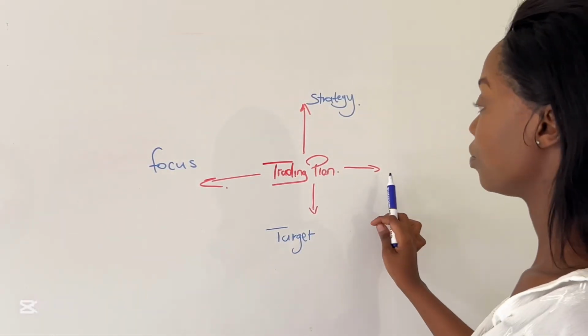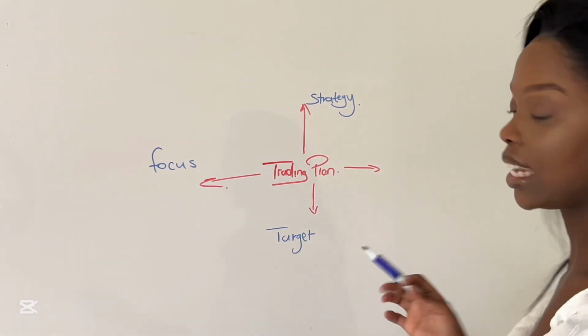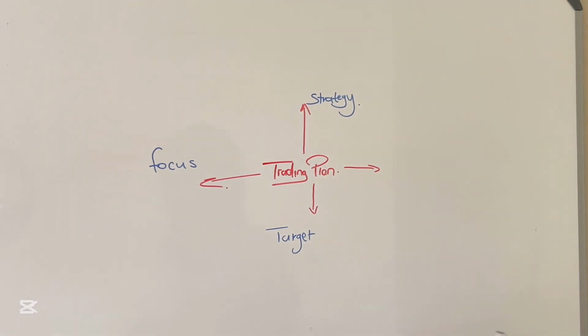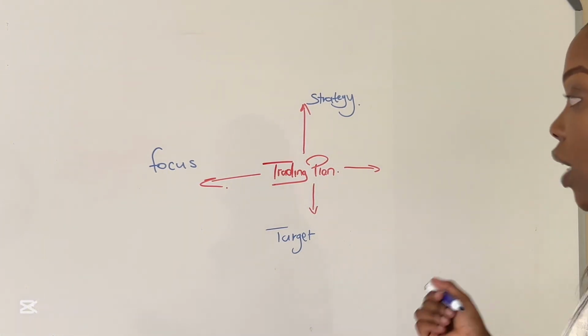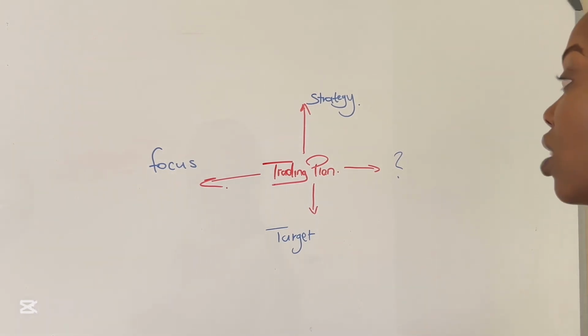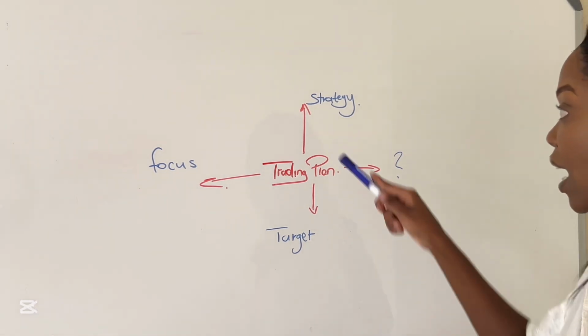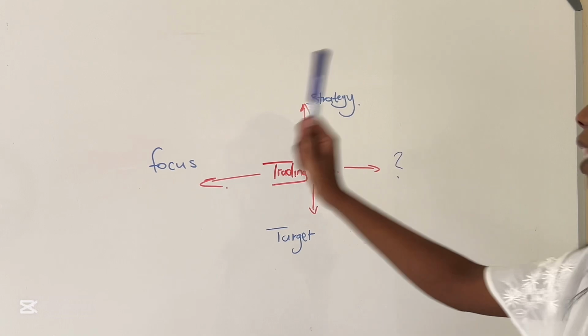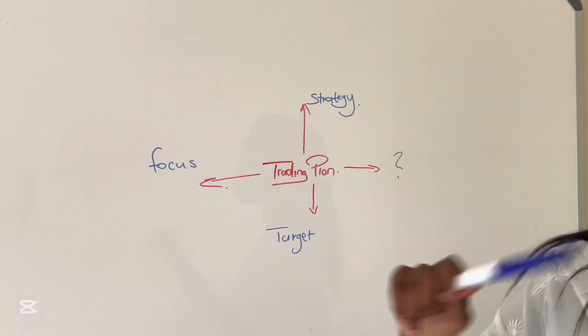And lastly, your what? What do you add here? Lastly, anyone, comment in the comment section what you will normally add here. With me, what I would do is I would keep this as a question mark until I have everything figured out. But so far, these are the three aspects that you need to look at.